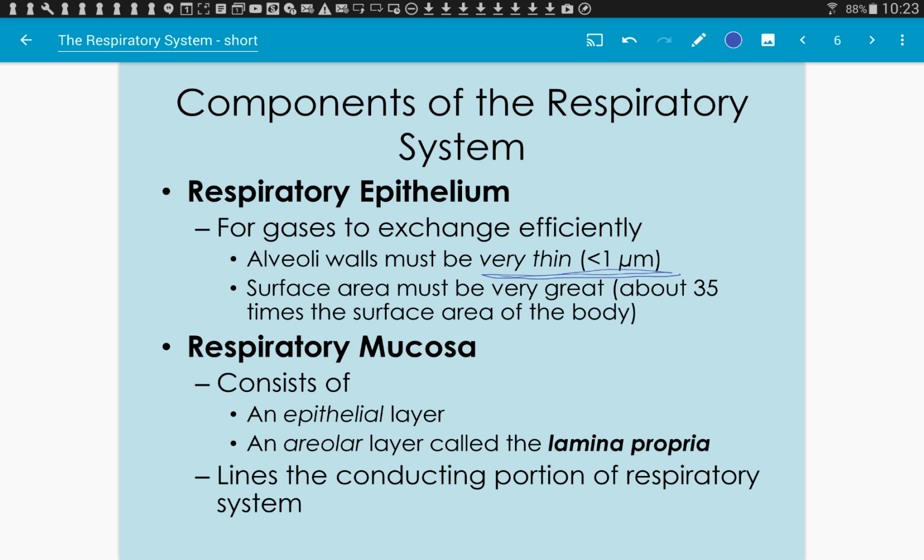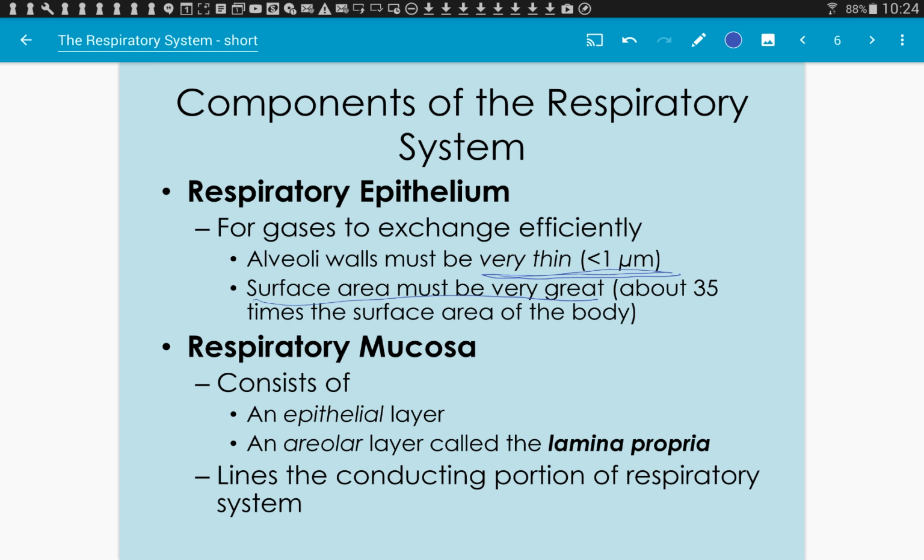The surface area also needs to be very high. The surface area of this respiratory epithelium in the alveoli is about 35 times the surface area of our body. Just think about the surface area of our skin, and then 35 times that is how much we have for gas exchange, which is a huge amount.